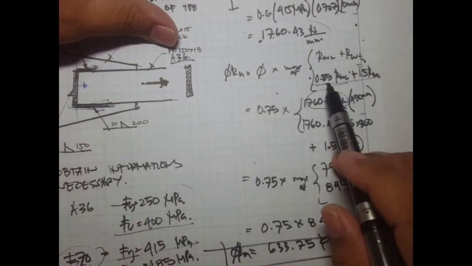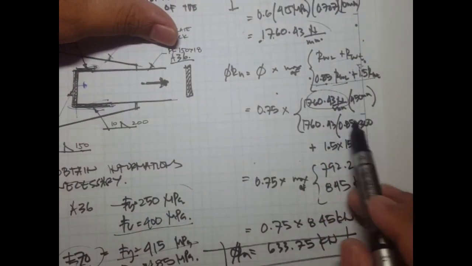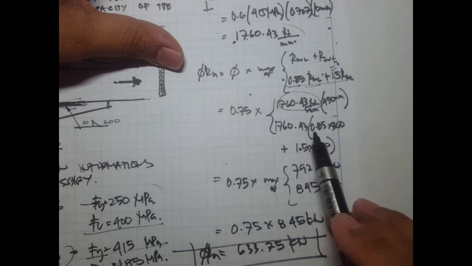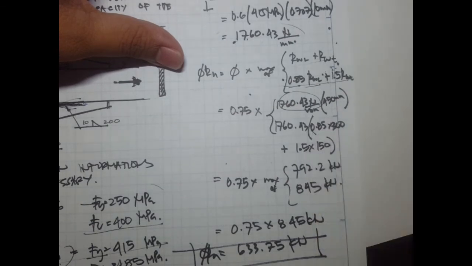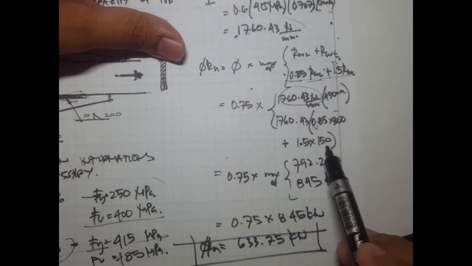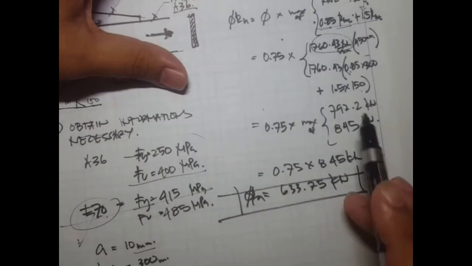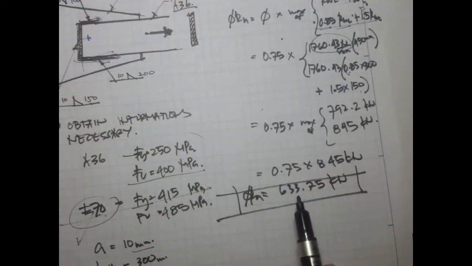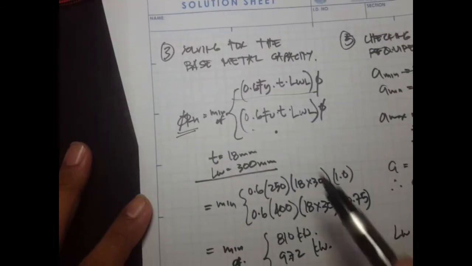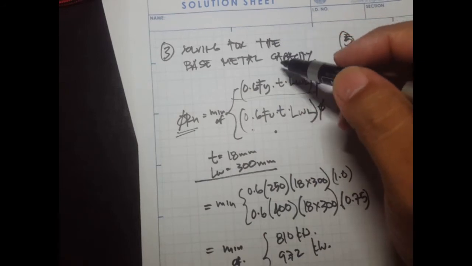Then in this condition, we just factor out this 1760 Newton per mm, and we multiply the weld length to 0.85 and then this 150 to 1.5, and we obtain this value. After that, we solve the capacity of the base metal.